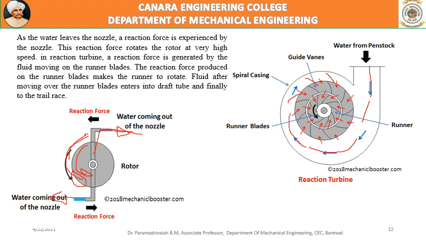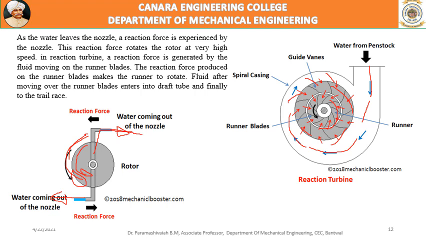One is at the center, there is a rotor, and the second wheel is called the stator. The stator is a wheel which is stationary and doesn't rotate, and the rotor is at the center and it rotates. Here you can observe these curved lines. These curved lines represent the blades.